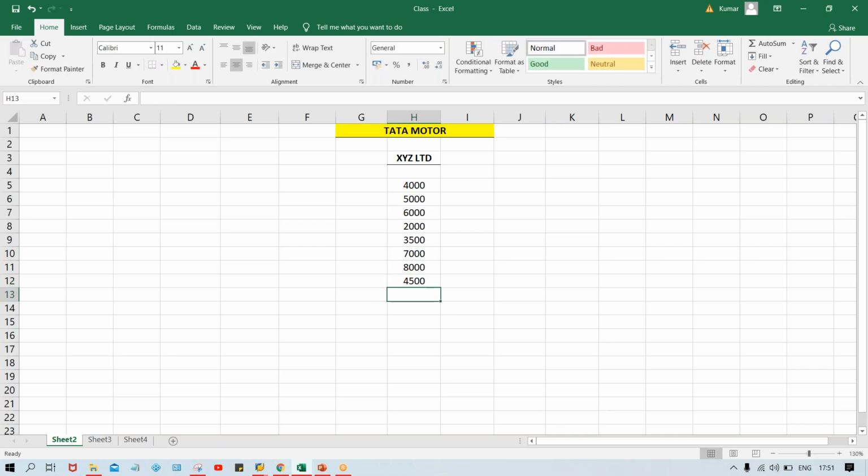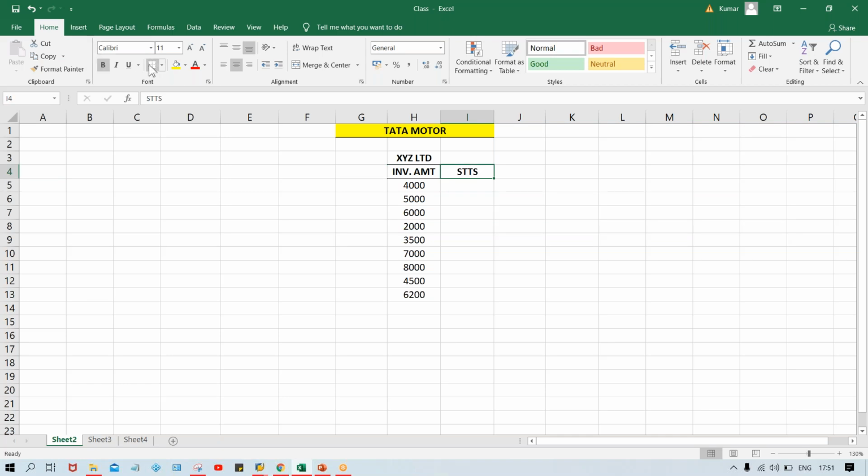So multiple invoices are there, guys. This is your invoice amount, right? Now, what about the status? Status of these invoices, I'll tell you.